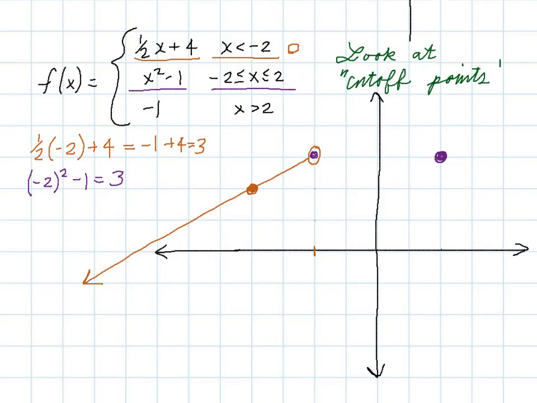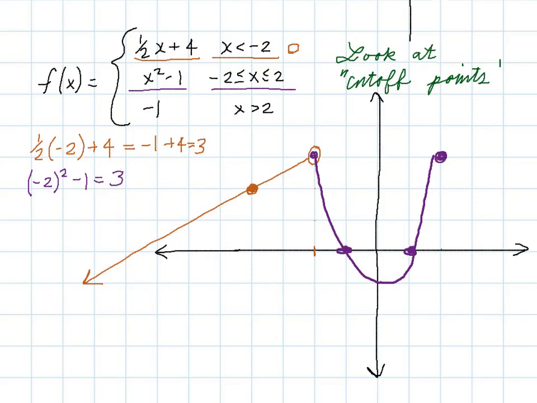So let's plug in -1. -1 squared is 1, minus 1 is 0. So at -1 we're at 0, and that means at +1 we'll also be at 0. And let's plug in 0. 0 squared minus 1 gives you -1. Now we can connect those points. I switched to a bolder line.